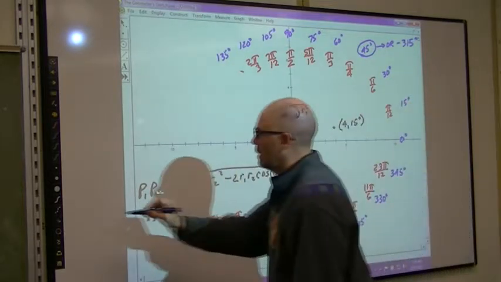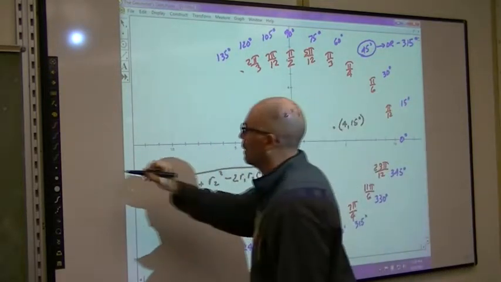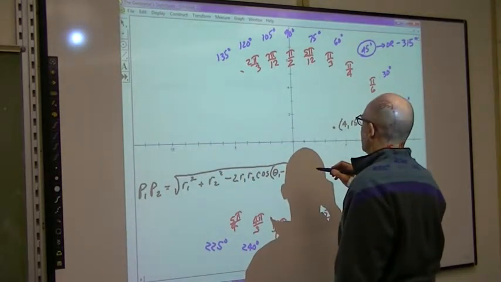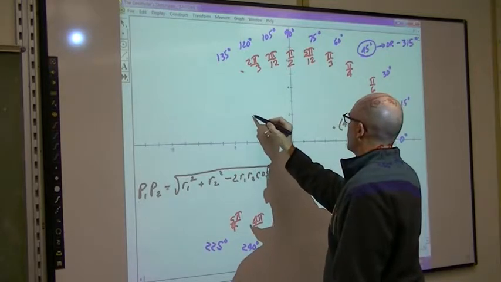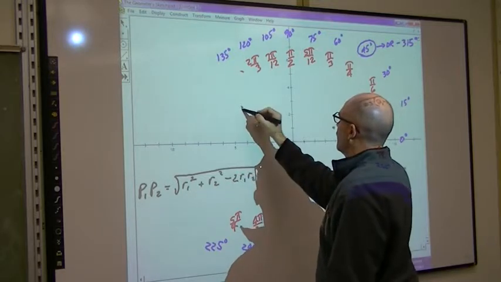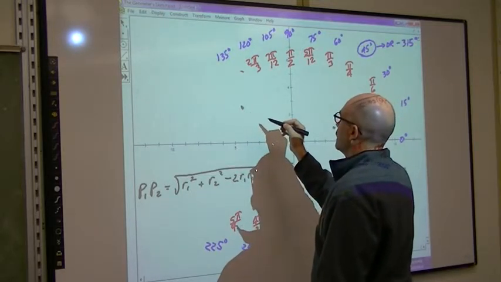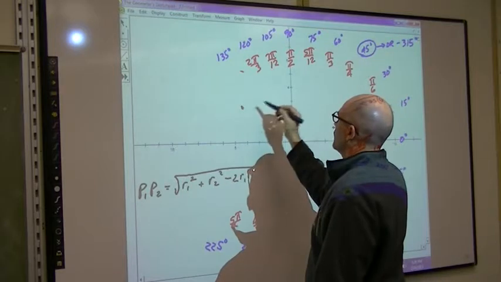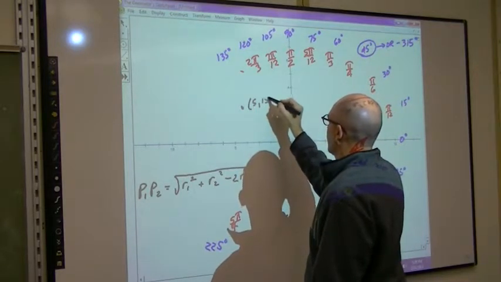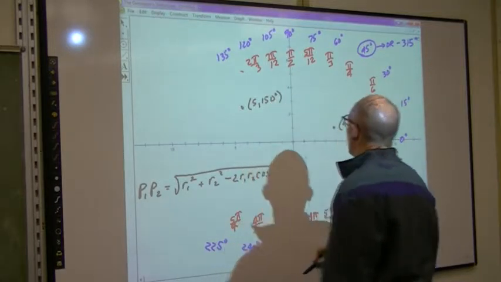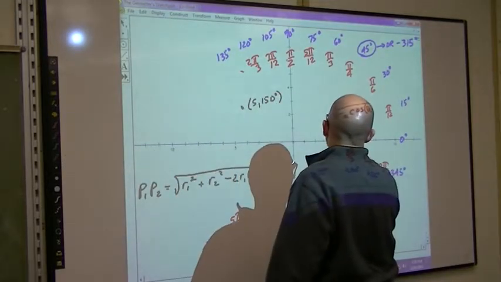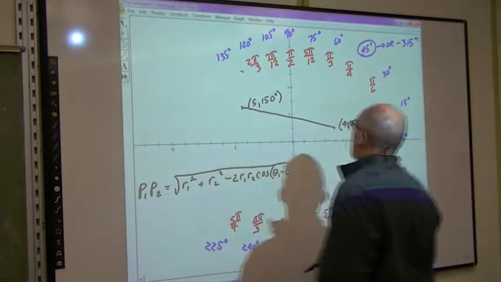And then let's do another quadrant. Okay, so we'll go out here, make it 5 at, what is this, 150. Okay, so what I want to know is, what's the distance between these 2 points?